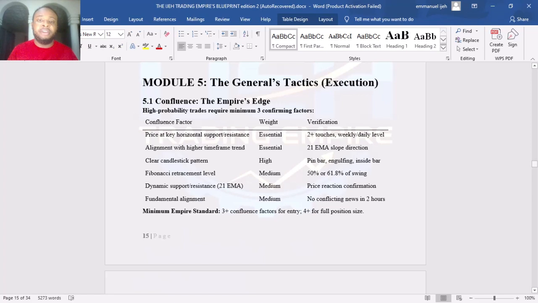Because in forex trading, I've always said two things. Number one, the forex market is always here, but your capital may not be. Another thing is I don't guarantee anybody 100% wins.